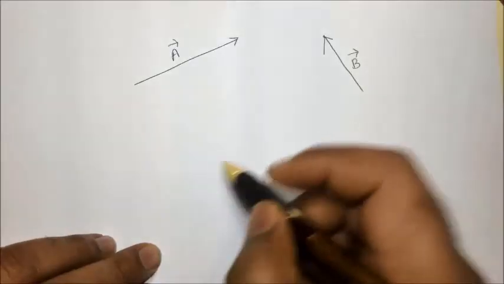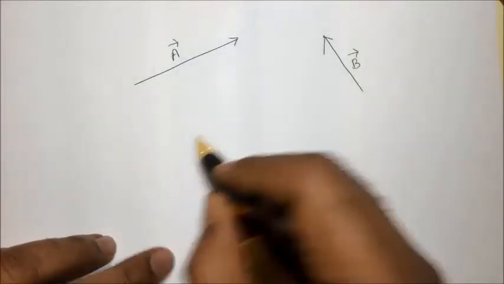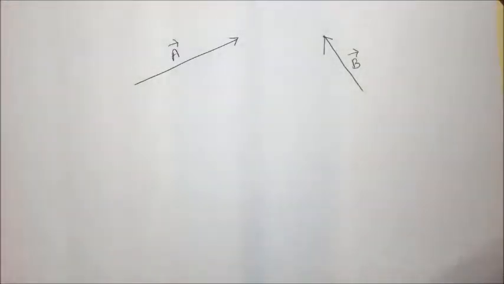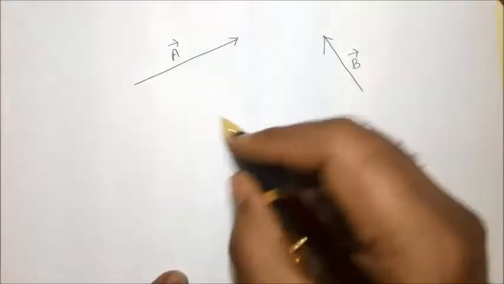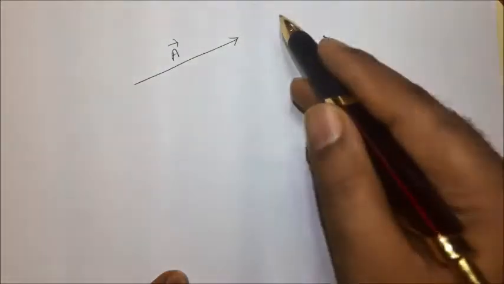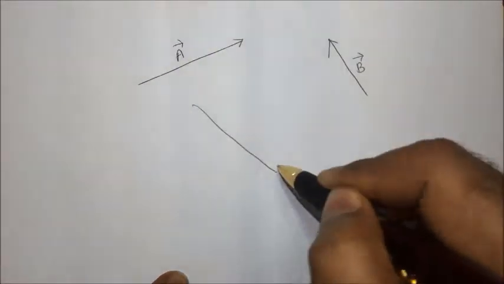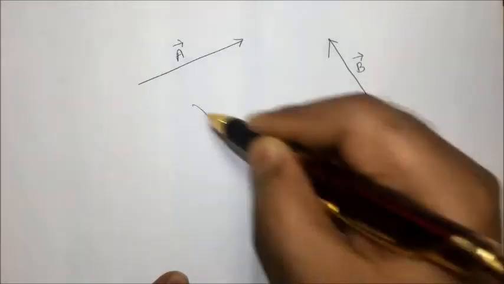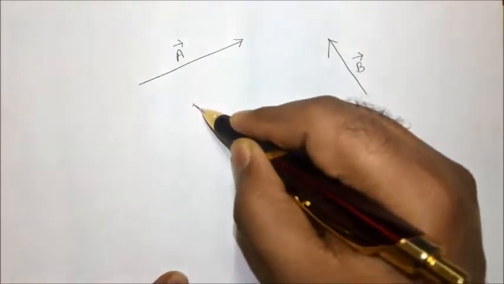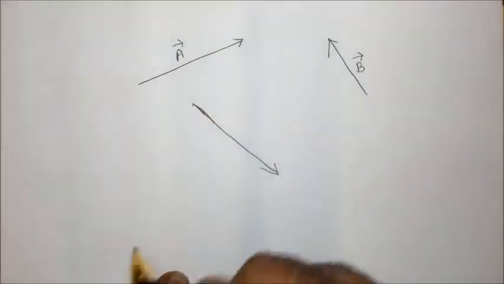So vectors could be in different directions depending on their orientations. Okay, if vector A is like this, B like this, C could be something like this, but they are straight lines.